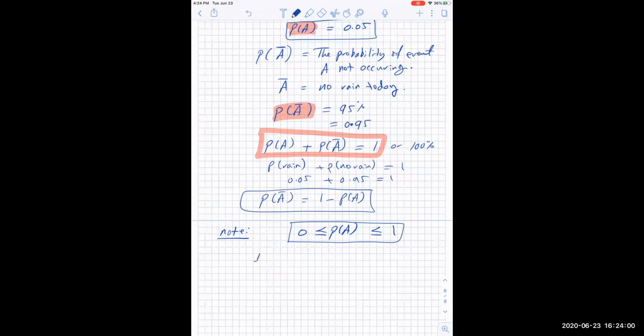Now, if the probability of an event is exactly equal to 0, then we can say that this event A is an impossible event.